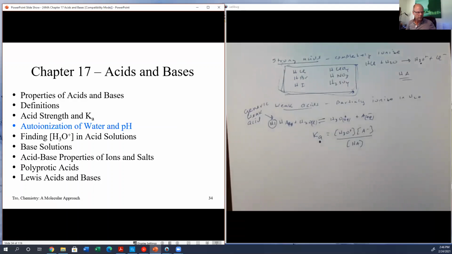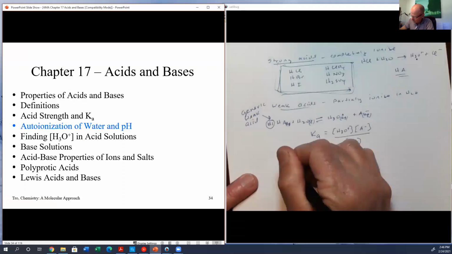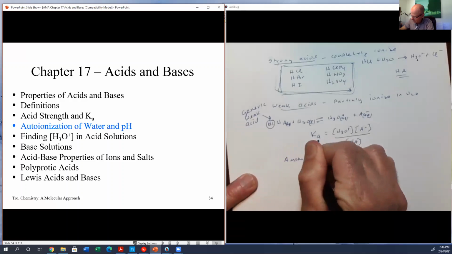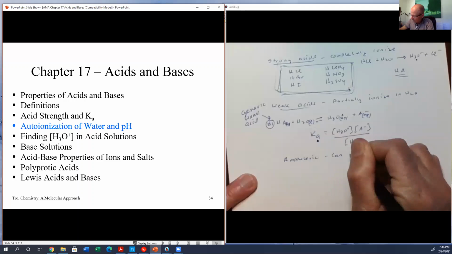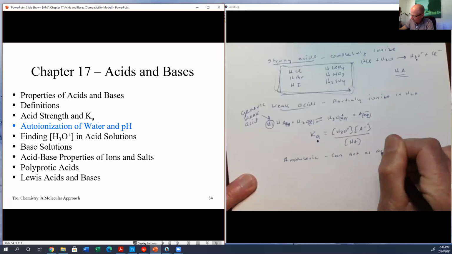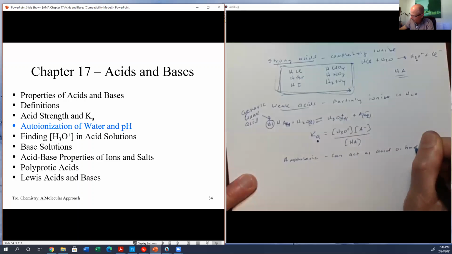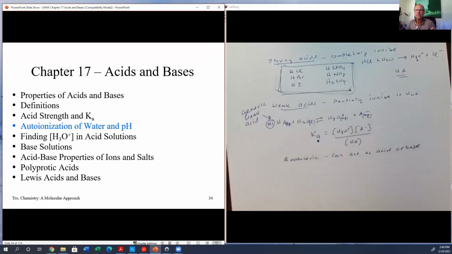Now, let's talk about water for a minute, because we've already seen in some of the reactions, water was acting as an acid, and in other reactions, water was acting as a base. So water is what we call amphoteric. It can act as an acid or base depending on what it's reacting with, right?